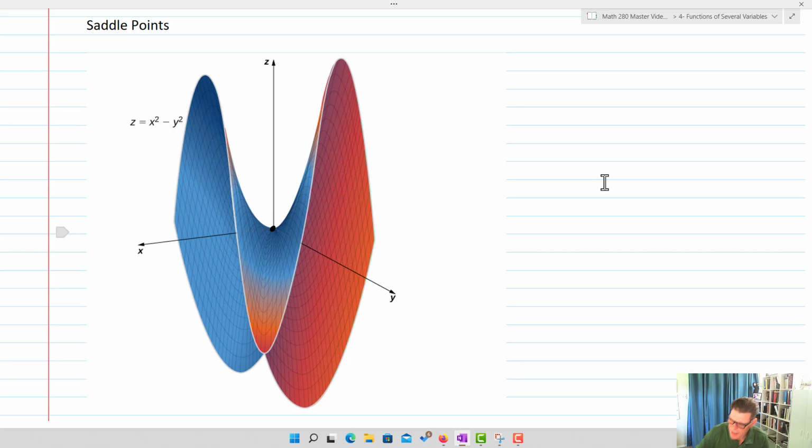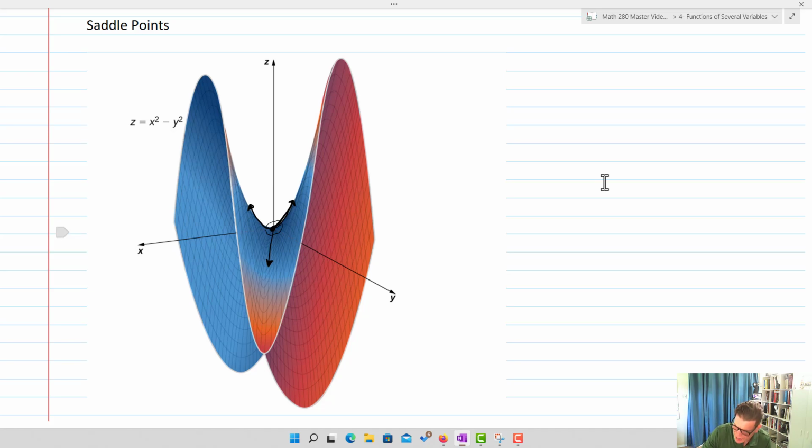But notice that around that point, if we imagine a disk around it, locally there are values that are greater than it, so it can't be a maximum, but also locally there are values that are less than it, and hence it can't be a minimum.